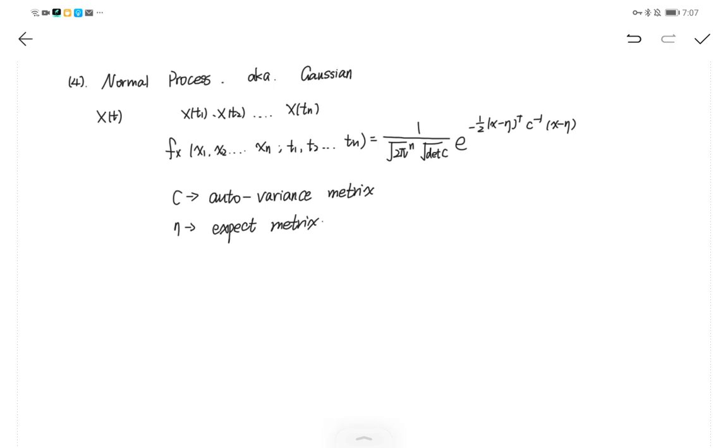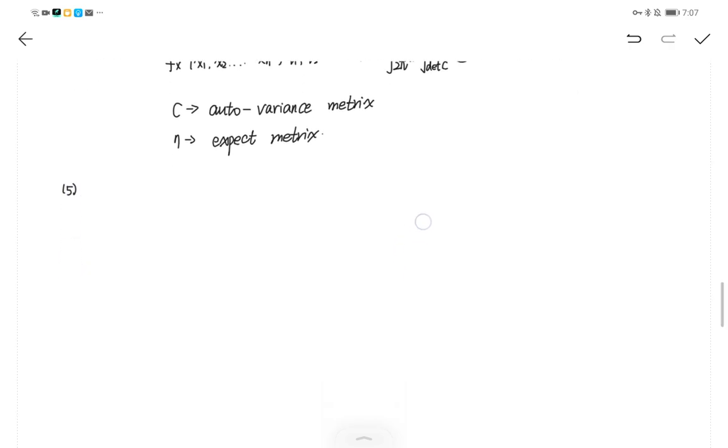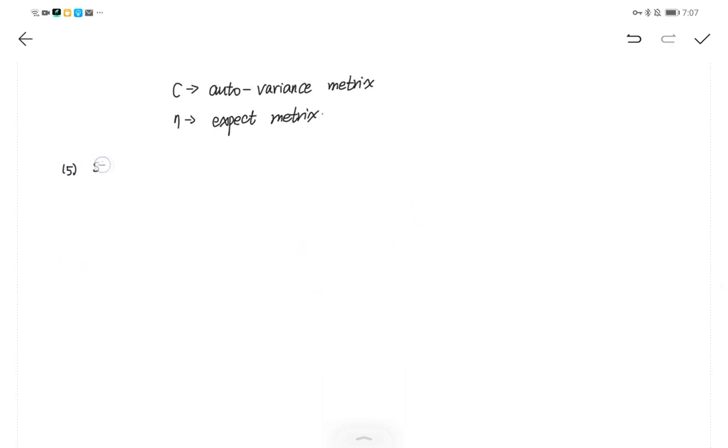And the fifth, we talk about strict sense stationary process. A process is said to be an SSS process if its statistics is not affected by a shift on the time axis.